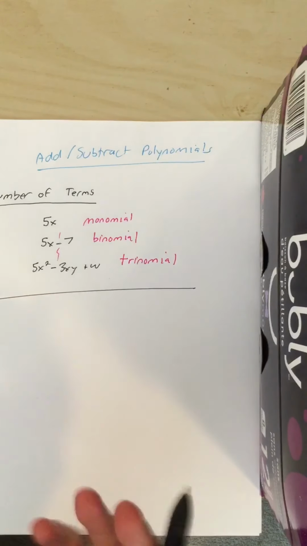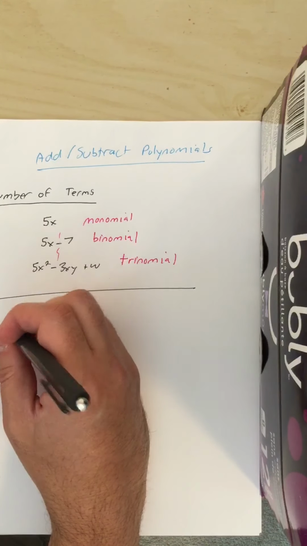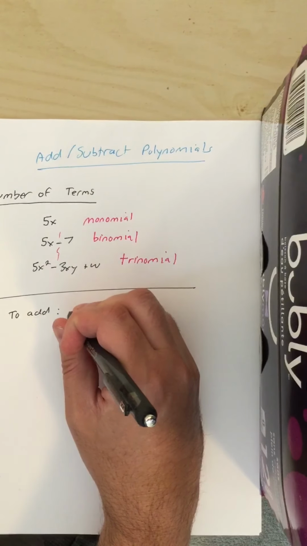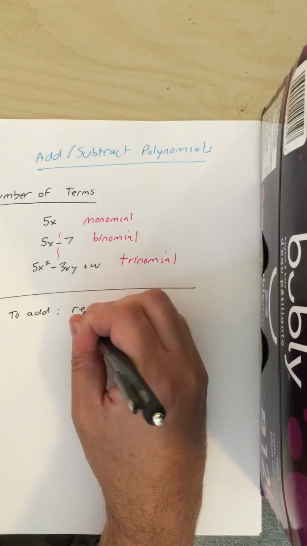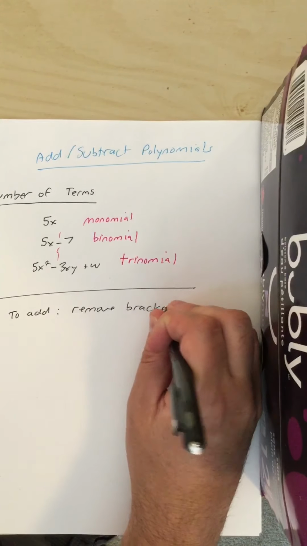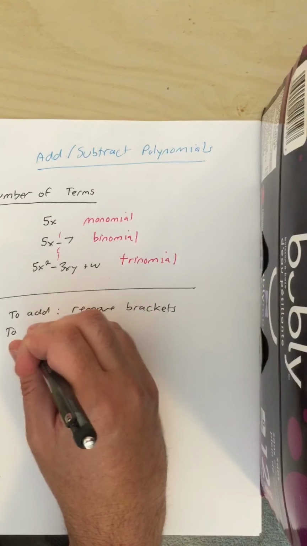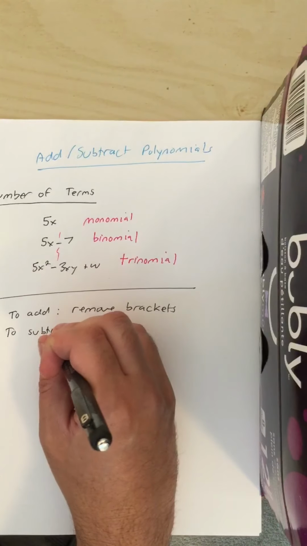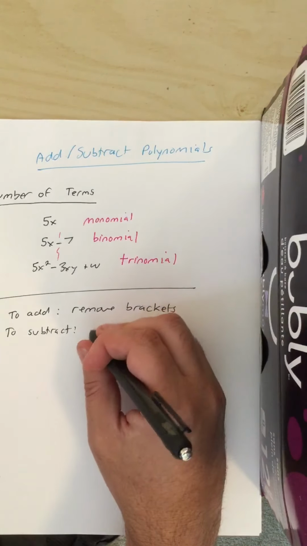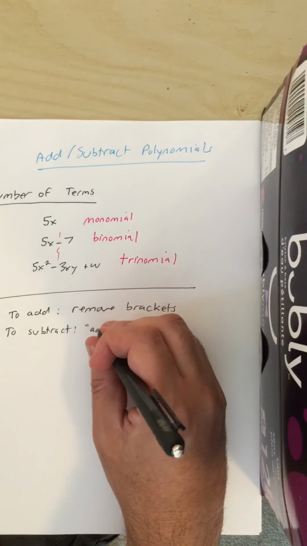And the rule, essentially, is that to add, you remove brackets. And to subtract, technically what they say is add opposite operations.